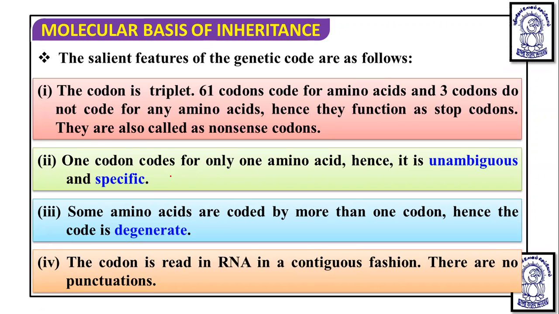Now, the codon is unambiguous or specific. The exception is GUG, which is an ambiguous codon. Why is it ambiguous?